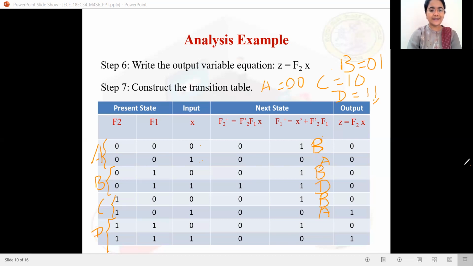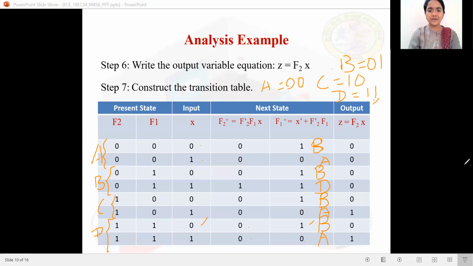Now, when it is in state D, that is the values 1 1, when x is equal to 0, it goes to state 0 1. What is 0 1 here? B. When it is in state D and x is equal to 1, it goes to state A, that is 0 0. And what is the output?